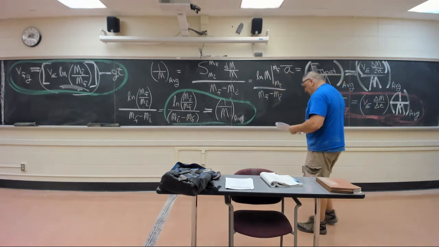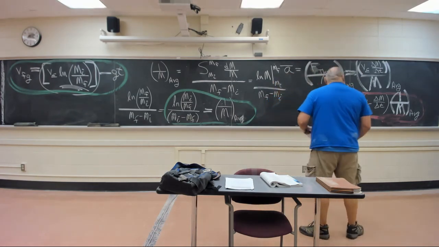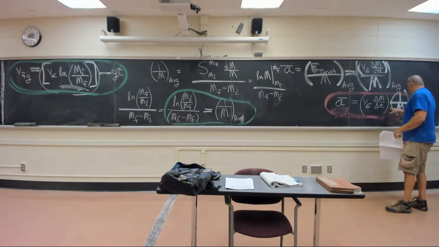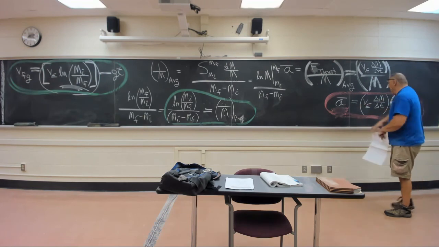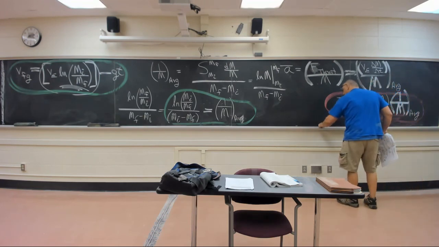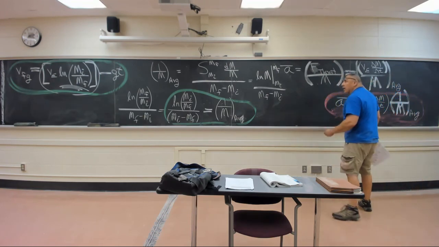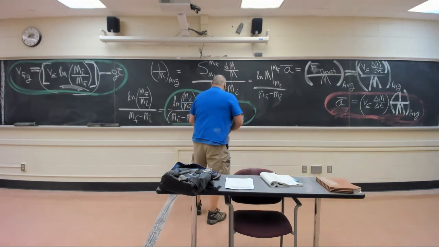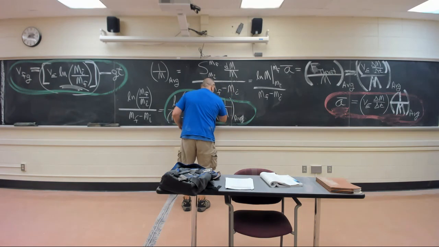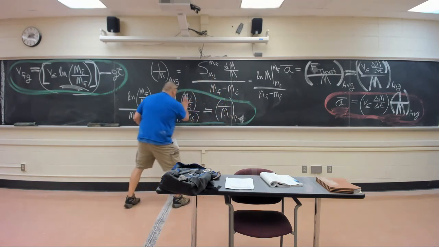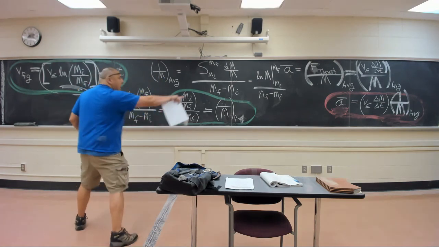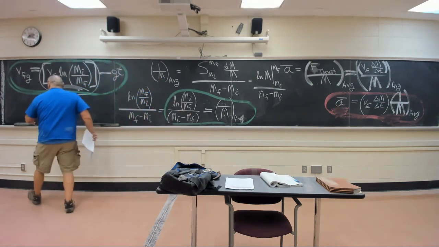Okay, good. If that's the average of that, this here is what we had over there, right? So let's see what we got. The average of 1 over m is all this. Mi minus mf is delta m, actually. And we've got the acceleration given over there.